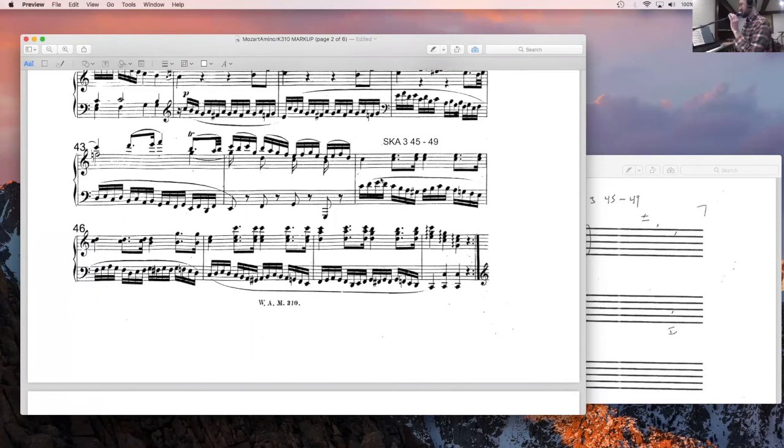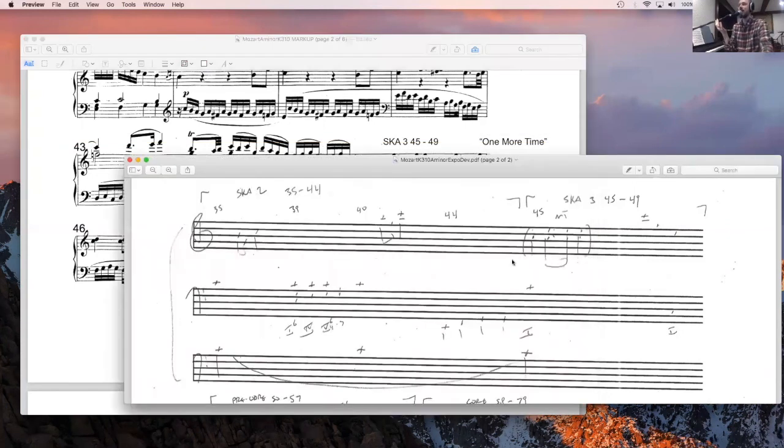But the right hand is calling back to the main theme, this dotted rhythm. That's fulfilling that one more time role that we often get in the last ska section in particular. One more time on the dotted rhythm.